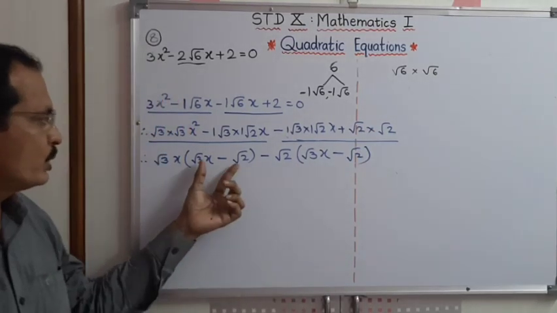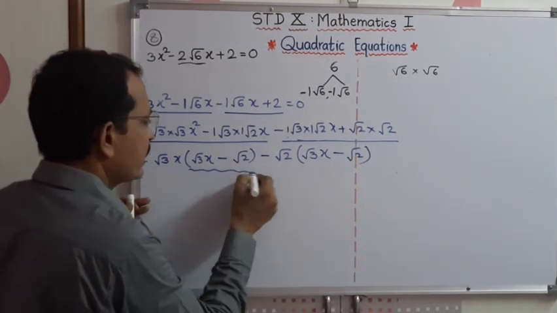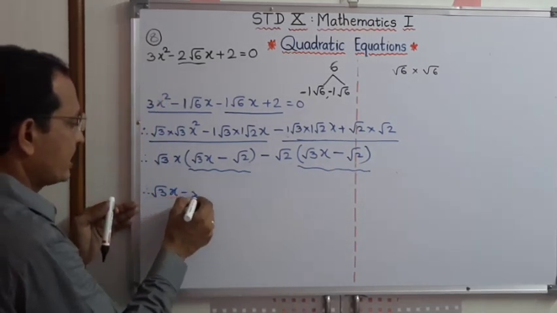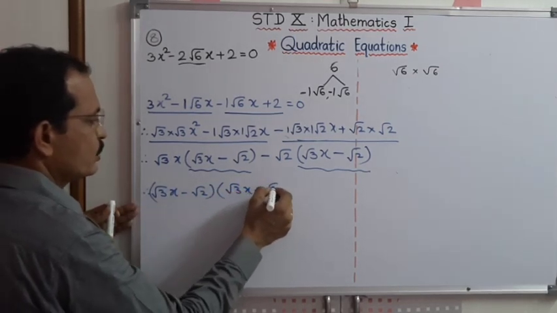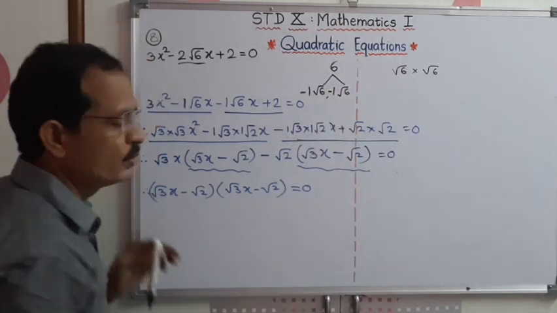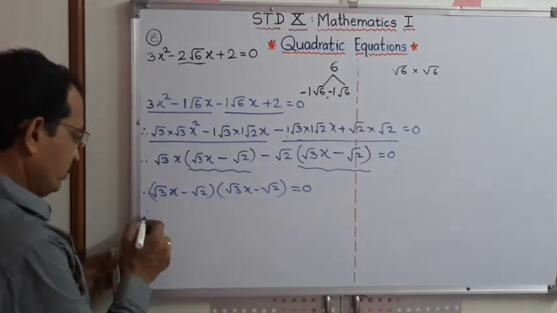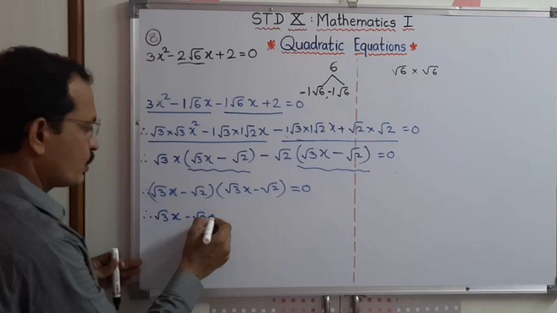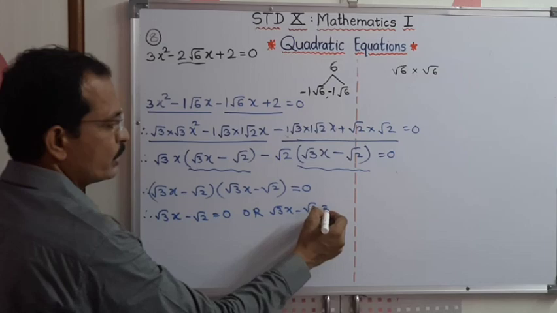Now see, root 3x minus 2, root 3x minus 2, both are the same brackets. Now we have to write here root 3x minus root 2 in one bracket and root 3x minus root 2 in the other bracket equal to 0. Don't forget to write the zeros in every step. Now multiplication of these two is 0, therefore root 3x minus root 2 equal to 0, or root 3x minus root 2 equal to 0.